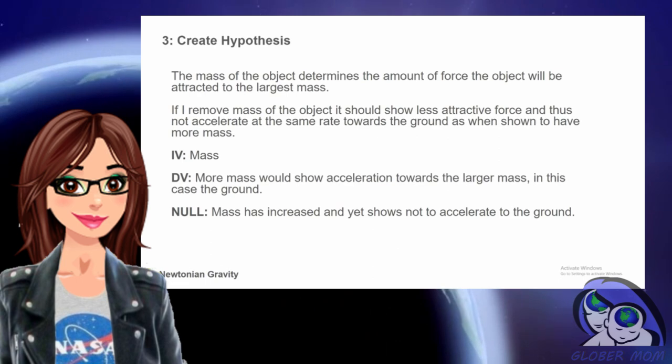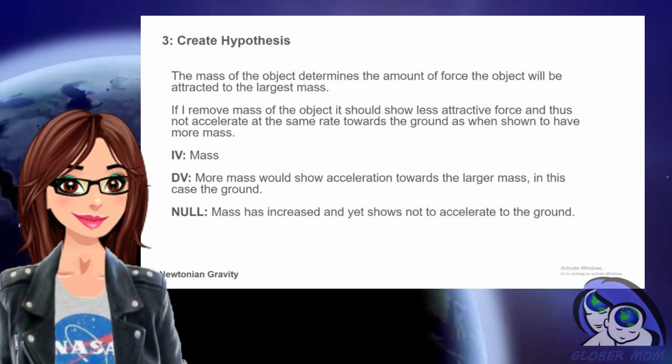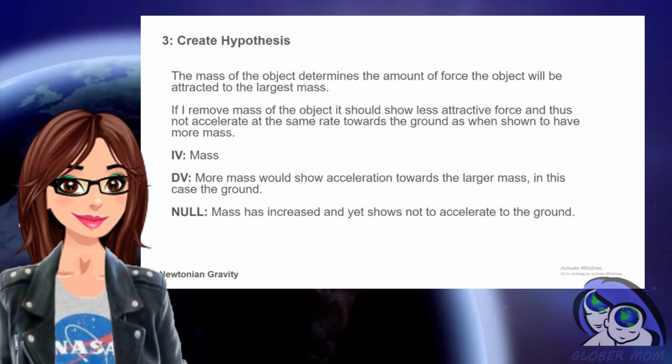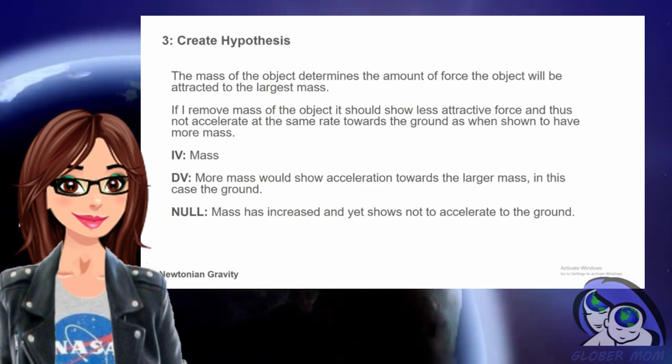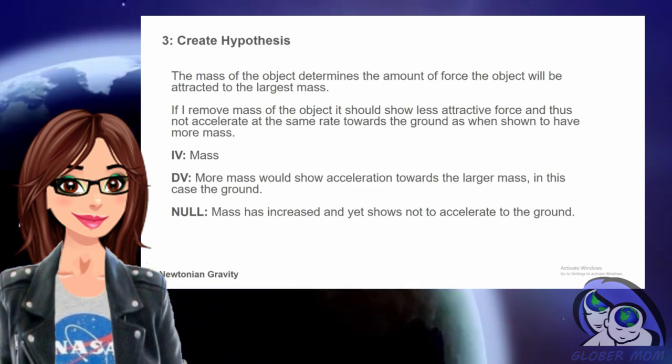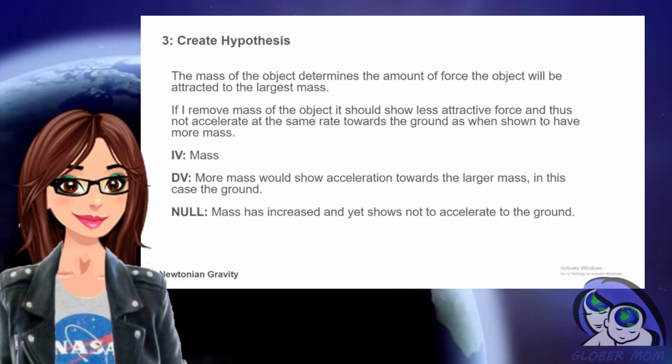So remember, you have to physically manipulate the mass in this situation to get the effect observed. What is the effect? More mass would show acceleration towards the larger mass, in this case the ground. So the orange would go downward to the larger mass, which would be Earth, if it's mass that causes the acceleration.